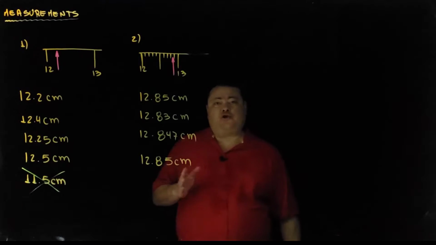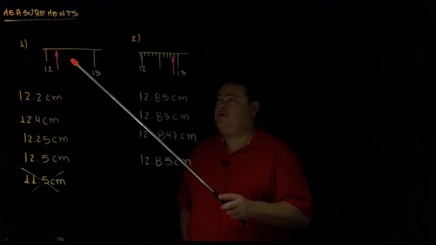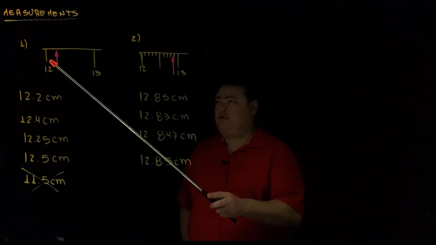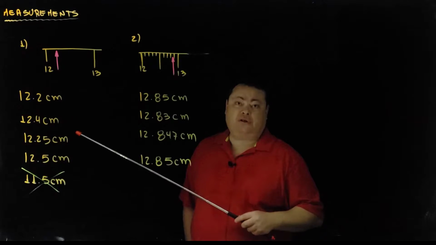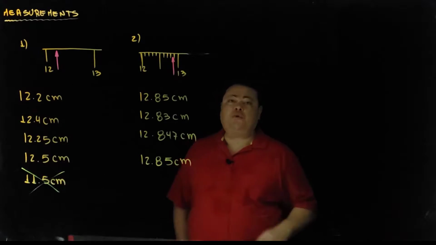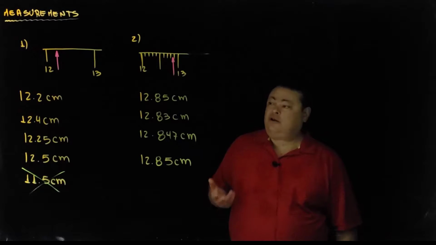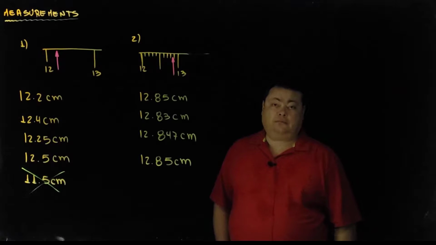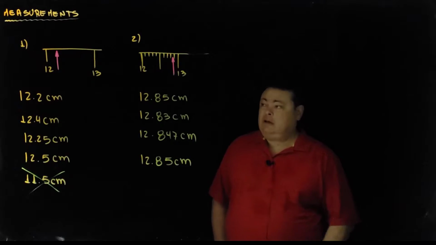You see that when we measure an object, we always end up with a certain portion that we believe we know, with more certainty, and a tiny little bit that we estimate, that we guess. And then there are two things here to consider. The first thing is this.